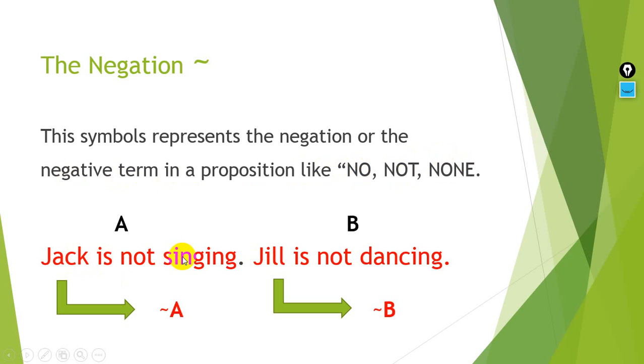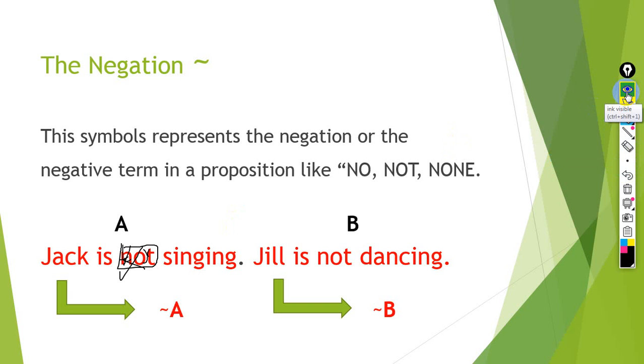Jake is not singing. Jill is not dancing. What is the positive statement of this? Jake is singing, for example. Jake is singing is the positive statement. What will be the negative of this? The negative is Jake is not singing.